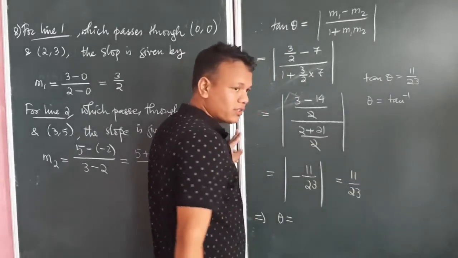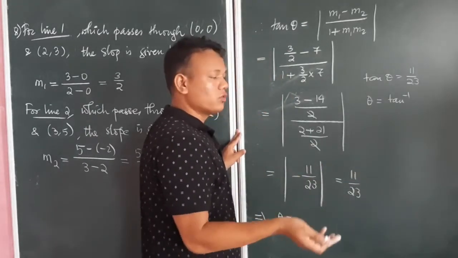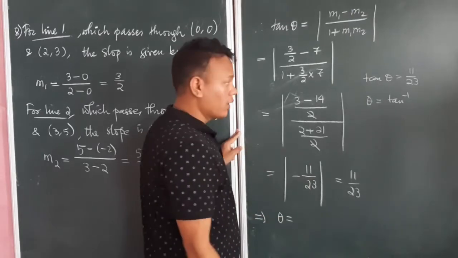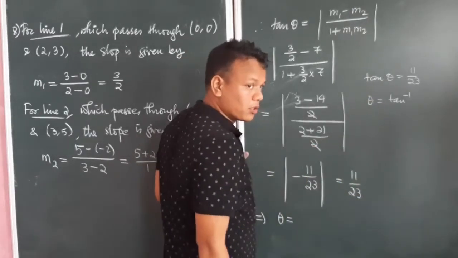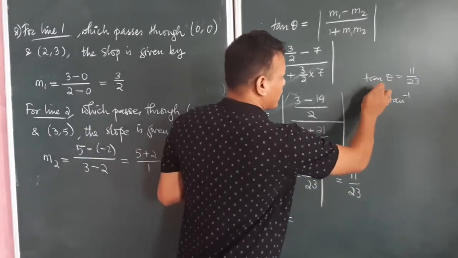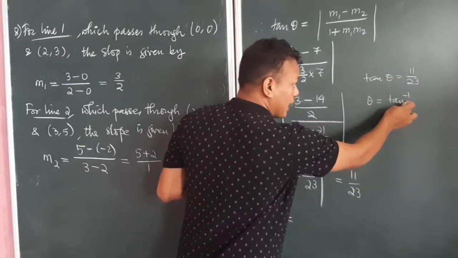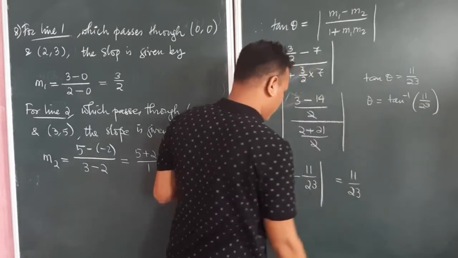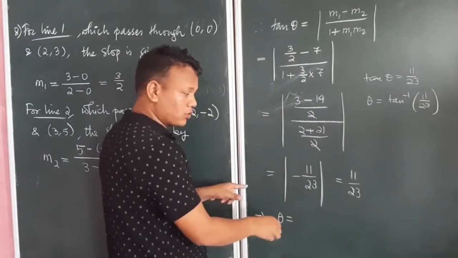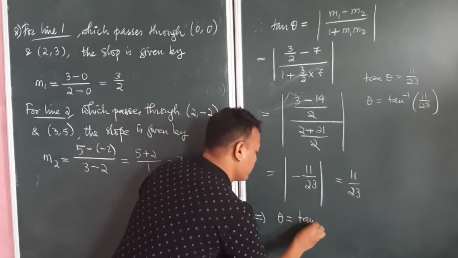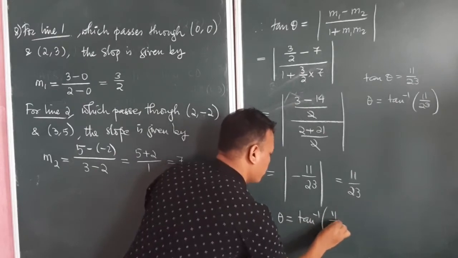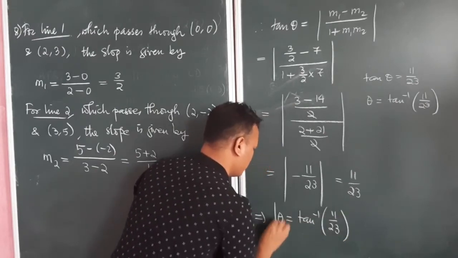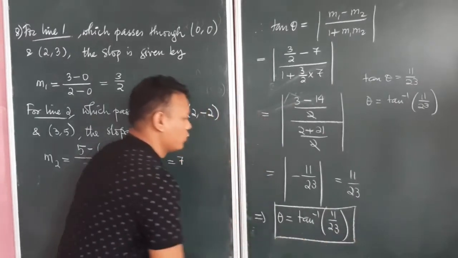This is called inverse trigonometric functions, which you will learn in your class 12. But this thing you need to remember here itself. So your answer for this particular question is going to be tan inverse 11 by 23. You may pause the video to note down.